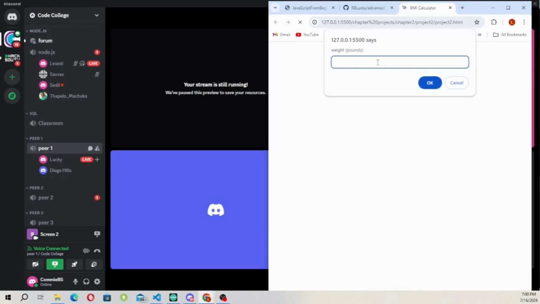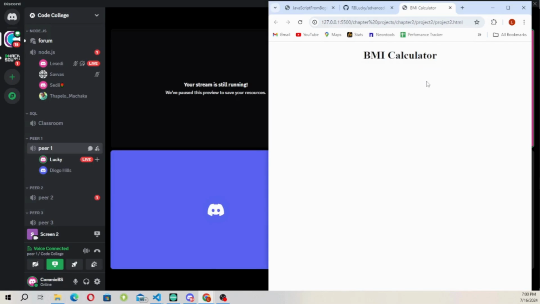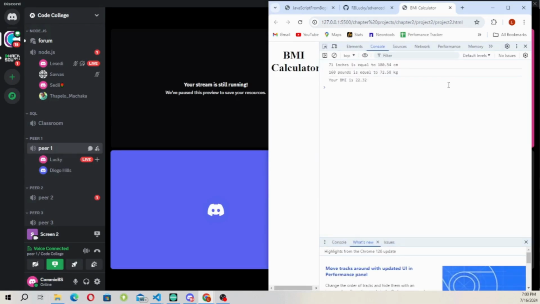And then your weight, I think it's 82 kilos. In pounds, that's about 160. Let's do 160. So now we open the console, and it tells us 71 inches is 180 centimeters, 160 pounds is equal to 72 kilos. Your BMI, you see, this is what we're supposed to do, it's 22.